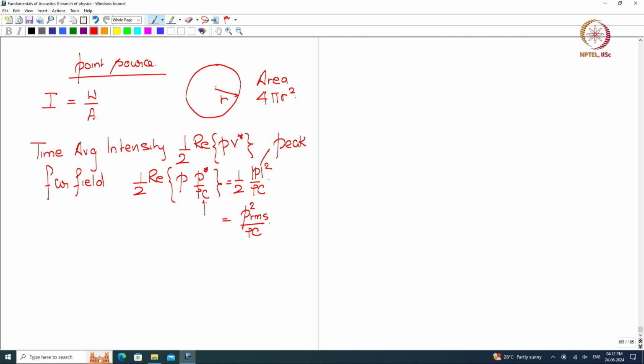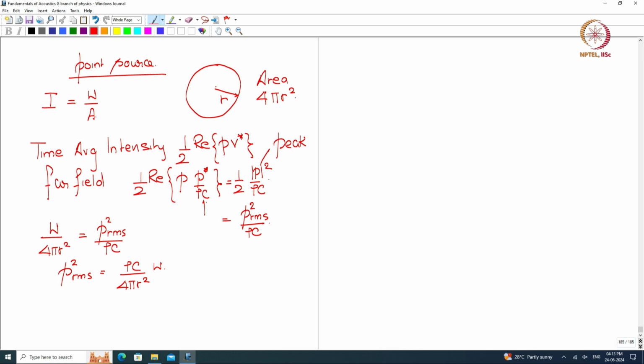Then W by 4 pi r square is equal to P square RMS by rho c, so that my P square RMS is equal to rho c by 4 pi r square into W.